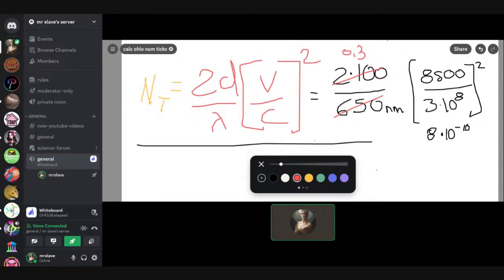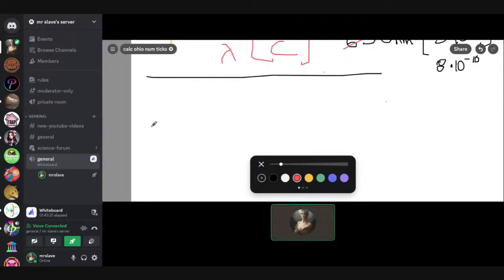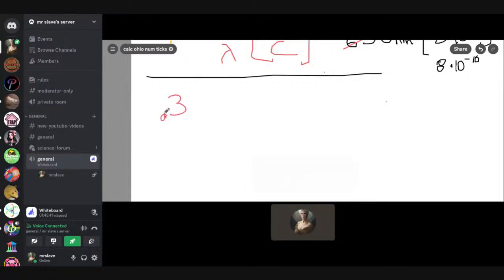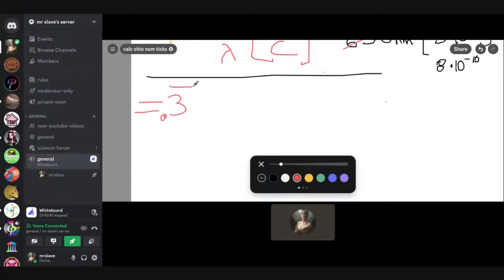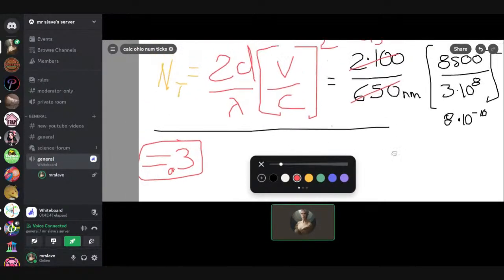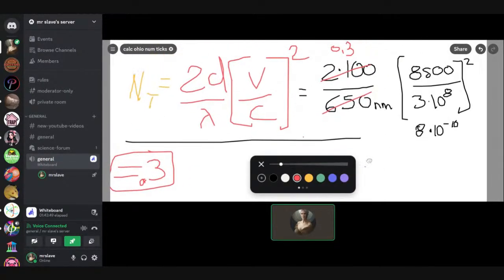Over 90 degrees, you might be able to see a third of a wavelength. So let's just write it down. It's 0.375, it's 0.3, whatever. It's too small. I don't think you'll be able to notice it. This might be inconclusive.